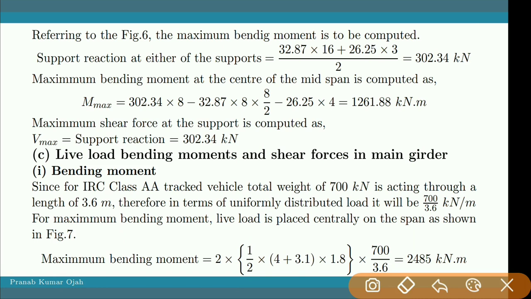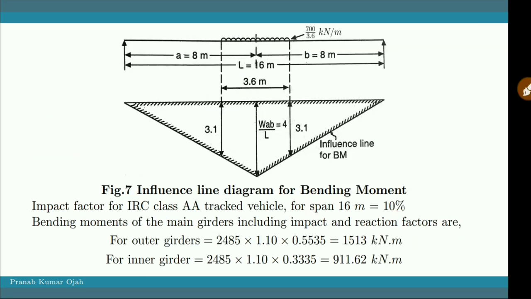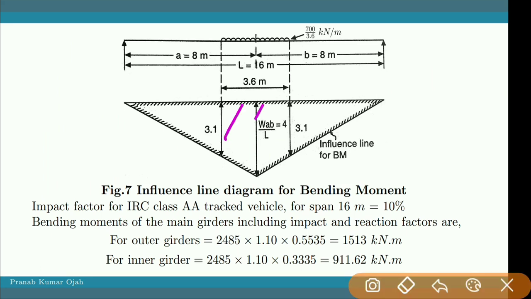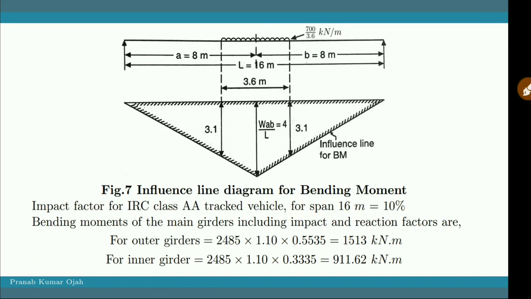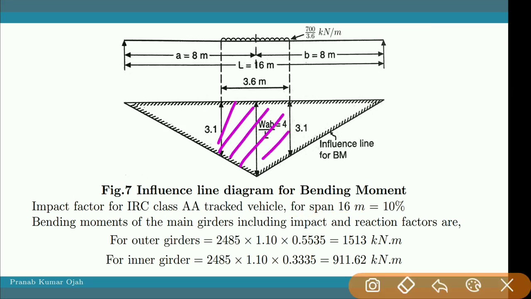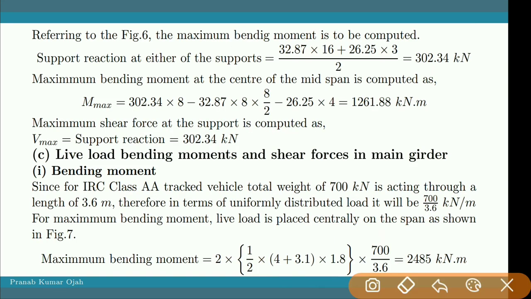If I calculate the maximum bending moment, it will be the total area under the influence line diagram for this small portion, multiplied by the UDL, and it will give us the maximum bending moment.